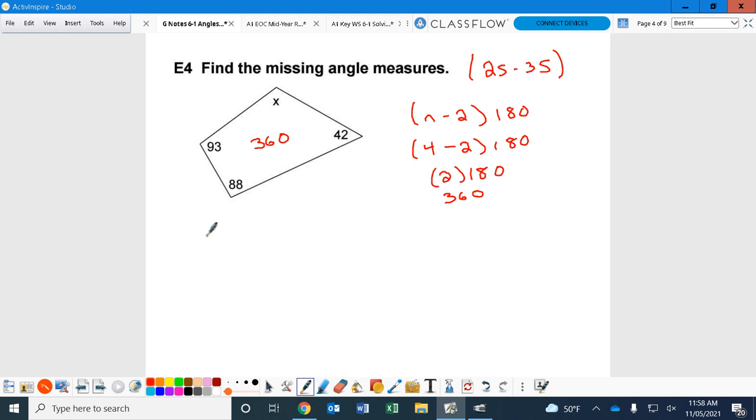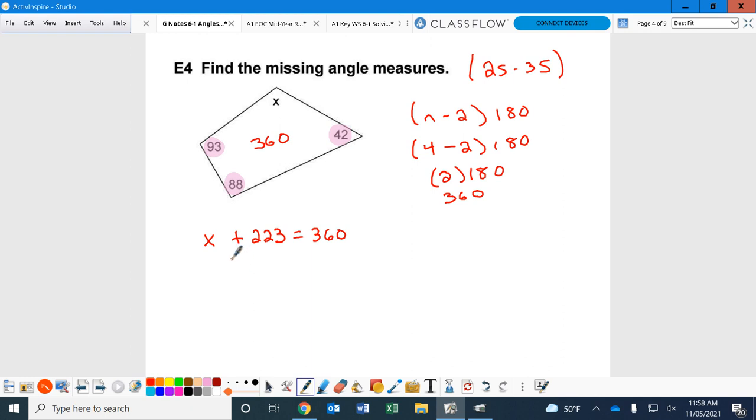We're going to add the x and all these other things together. Grab your calculators. We can add up the 93, the 88, and the 42, and put x plus whatever that is equals 360. X plus 223. 223, perfect.